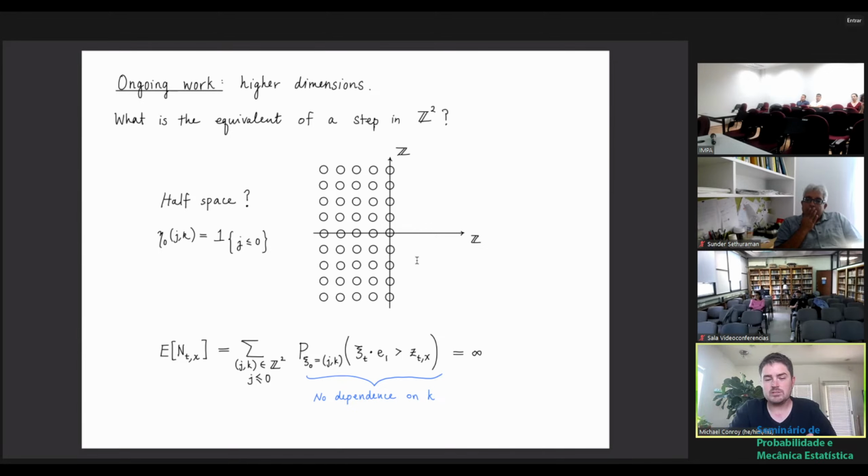So what you'll actually have is that the number beyond any level is infinite for any time. You can see this by calculating the number beyond some z, regardless of scaling: you're summing over all lattice points in Z^2 of a projection of a random walk in Z^2 onto its first component. These probabilities don't depend on K, and so you get that the expectation of the number beyond any level is infinite for any finite t.